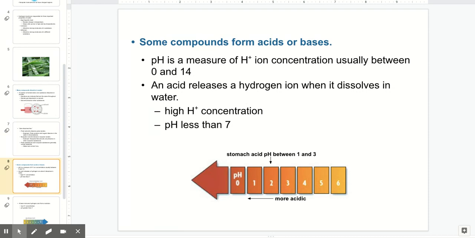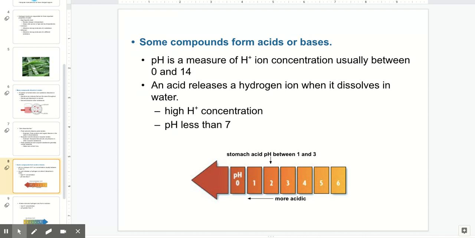So when we're talking about additional applications of water and solutions and solutes and solvents, we have this concept of acids and bases. We measure an acid or a base using what's called the pH scale.